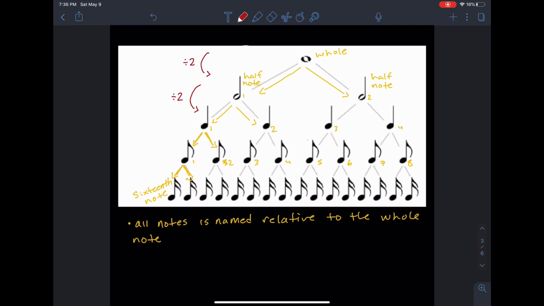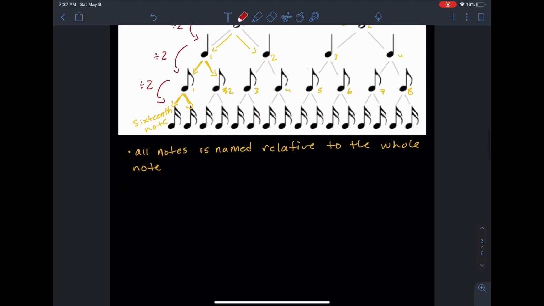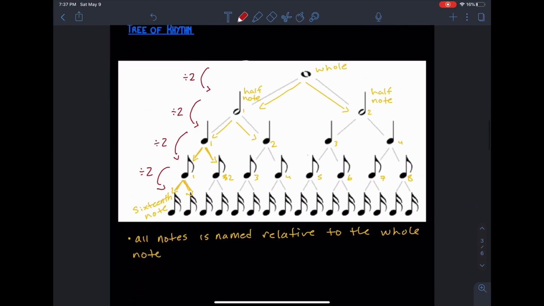A whole note divided into 2 is a half note. Divide that again into 2, we get a quarter note. Divide that again into 2, and we get an eighth note. And finally, again, and we get a 16th note. And this pattern can keep going until we can't divide anymore, which is pretty much an infinite amount. So that is the relationship between all the notes.